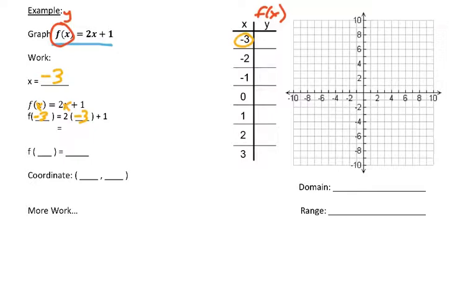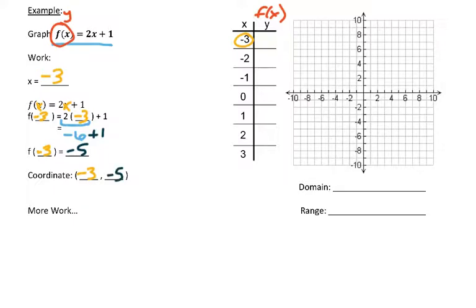Then we would go ahead and simplify, and so now we're going to end up with the simplification of 2 times -3, which is -6, but still a plus 1. And so we finally determine that f of -3, so instead of x, it's now a -3 was plugged in, we're going to get -6 plus 1, which is going to be -5. That means that the coordinate is -3, -5.